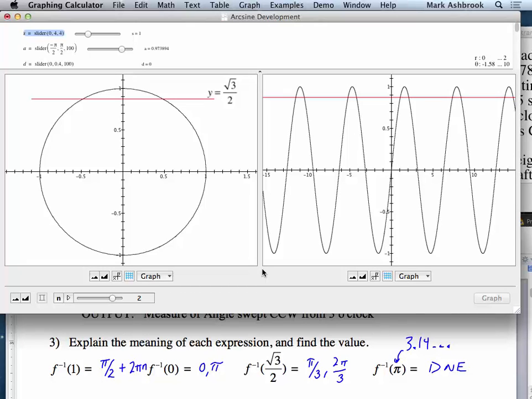So is this process a function? This reverse process, is it a function? Yes or no? No, right? For a given input, which is our y value of the original sine graph, there's lots of x values. The reverse is not a function.